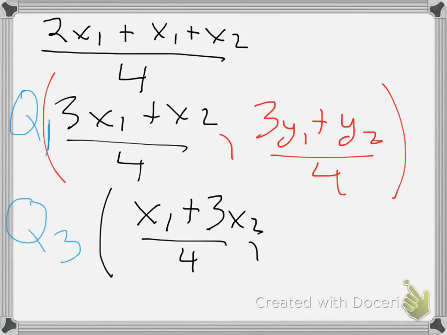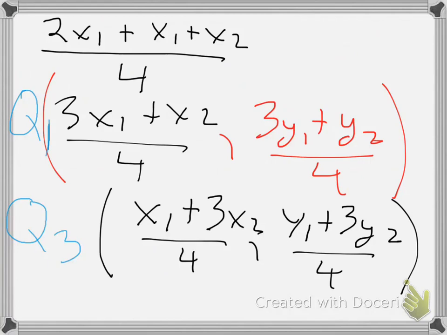And then you're going to have y1 plus 3y2 over 4. The process for getting the fractions is exactly the same as I did for these guys right here. That process will be the same down here, but you're going to see with the numbers you end up getting 3x2s instead of, and only 1x1. Okay? So I hope that makes sense.